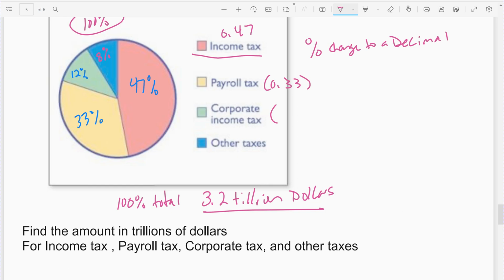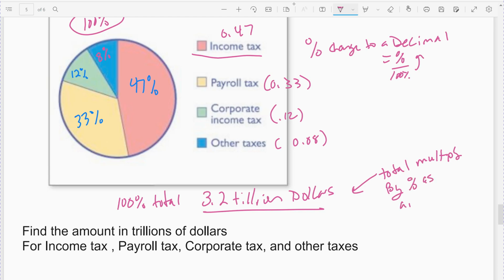The corporate tax would be 0.12, and the other tax would be 0.08, because you take 8% divided by 100% to get your decimal. Those would be the decimals. And in order to figure this out, you're going to take the total, multiply it by the percent as a decimal. You do have to make sure you multiply it by the decimal, not the percent.